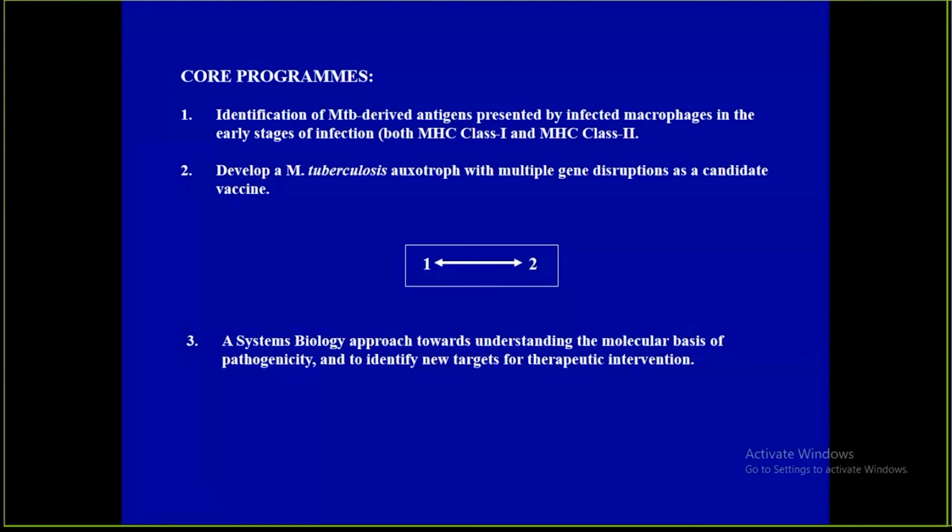So what is important is to identify those antigens which are being presented very early in the infection, to which the host is making a very strong response, but not strong enough to eliminate the infection.